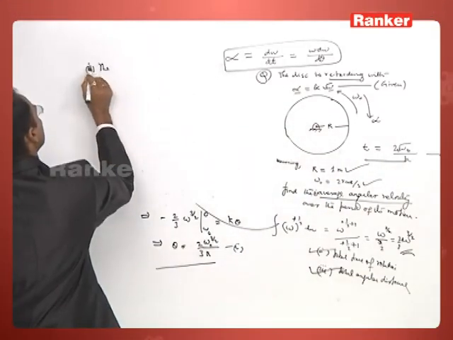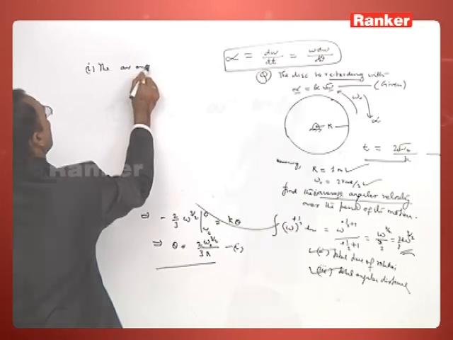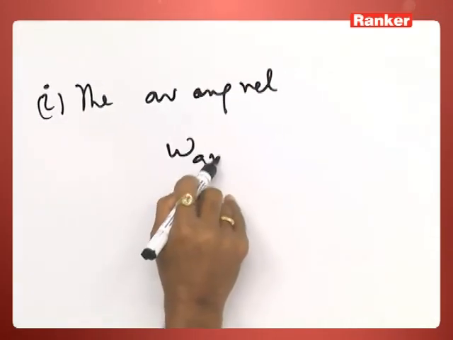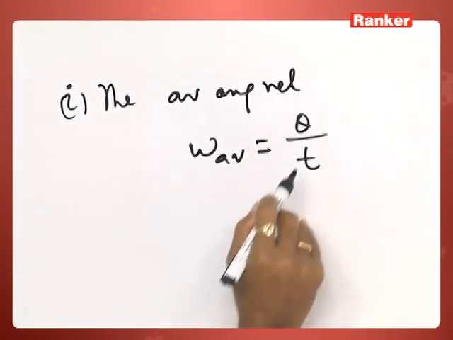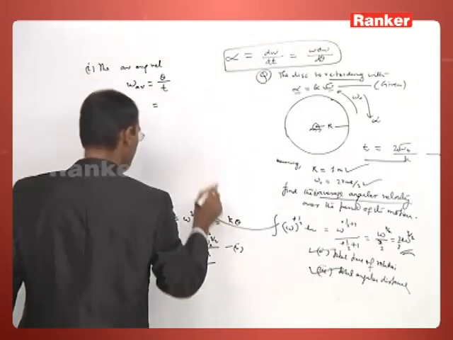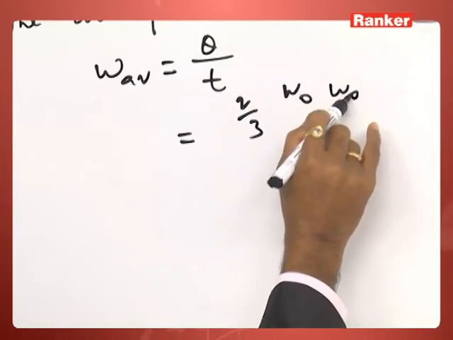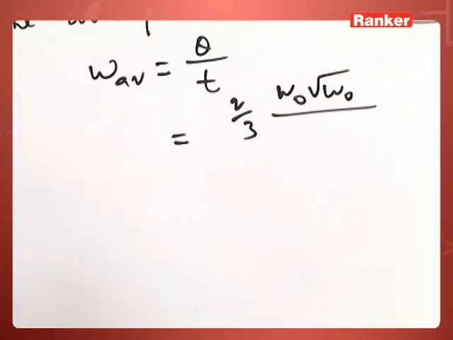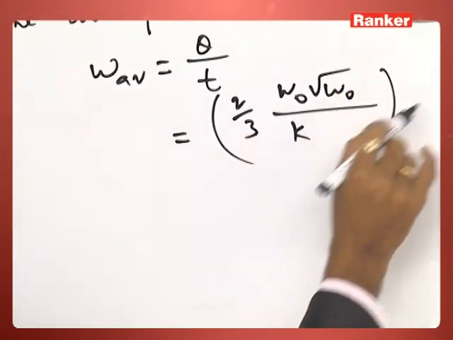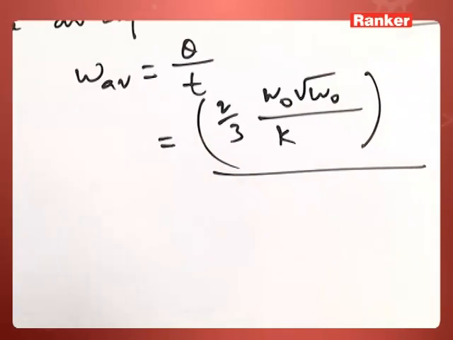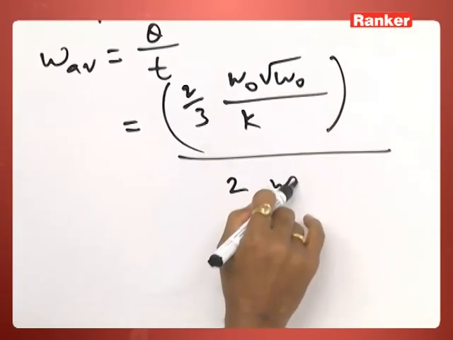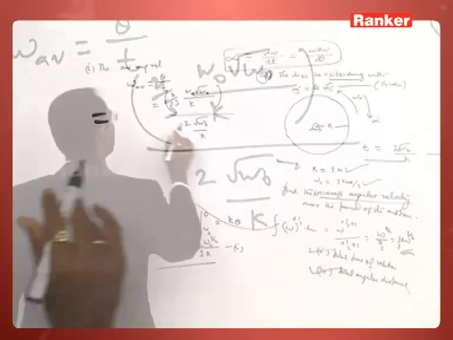The average angular velocity omega average is equal to total distance by total time. Total distance you are getting 2 by 3 omega naught into square root of omega naught by k, by total time, which is 2 square root of omega naught upon k.